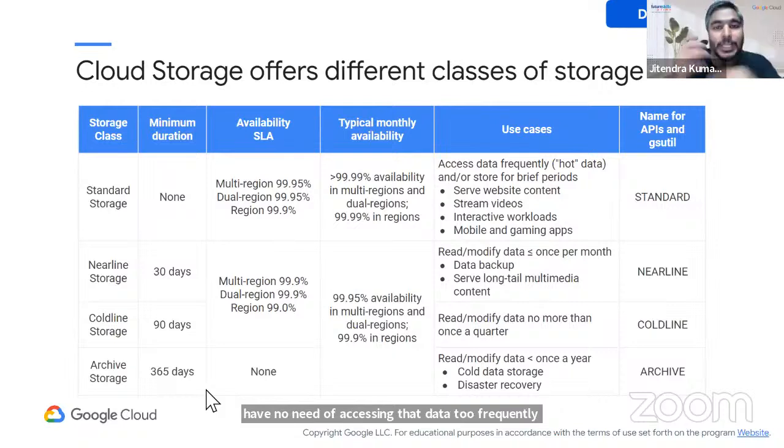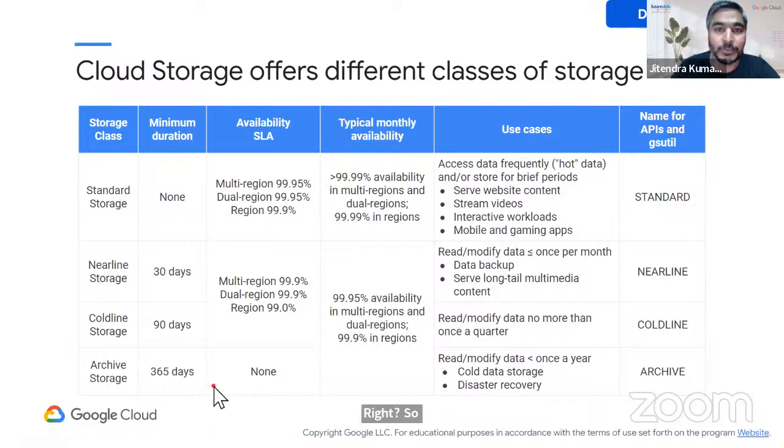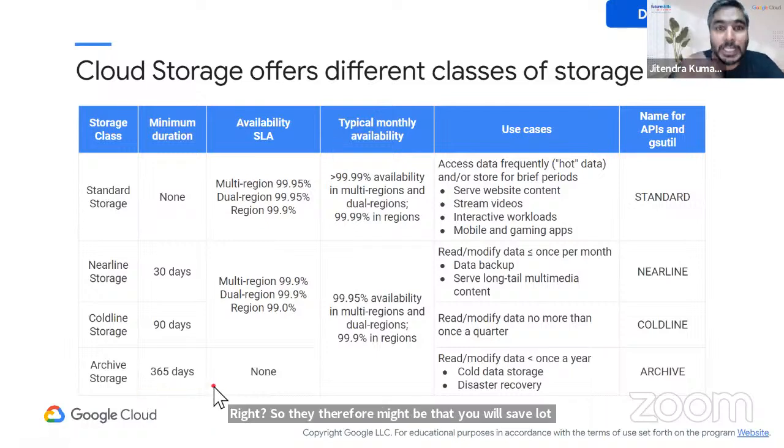So you might save a lot of money when you put that into archive storage. Why? Because in India, for example, we need to maintain our financial records for a minimum of 7 years. So for that, I can simply put it in the archive storage class, which would be nearly 1 by 20th.